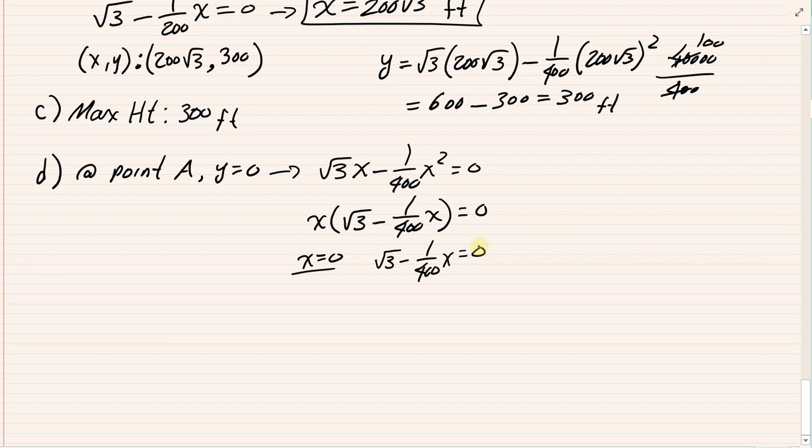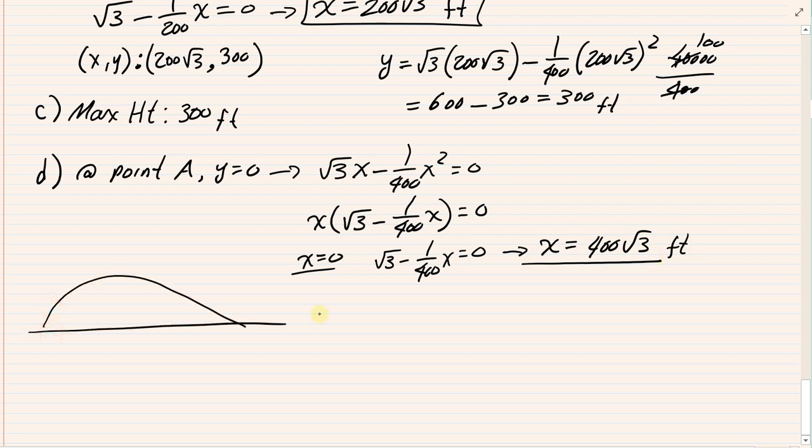Subtract root 3 from both sides, multiply by 400, and we get x is equal to 400 root 3 feet. That's the landing point, right? So again, the trajectory goes like this. This is point A, which is 400 root 3, and it starts at O at 0. And there you go.